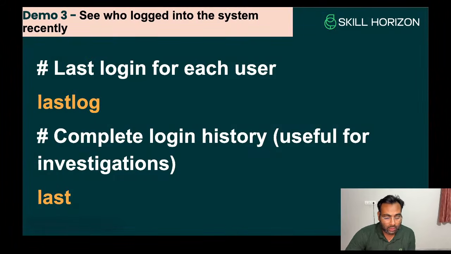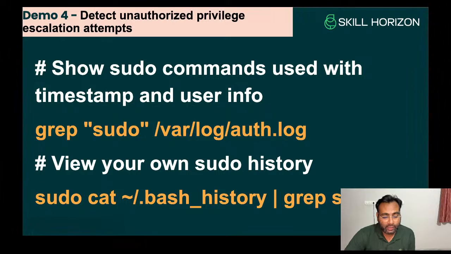Now again, if you want to detect some unauthorized privilege escalation attempts, like someone used the sudo command with a timestamp, or someone used the sudo command to access some of the files in your system, and you want to analyze it, then you want to see the activities related to sudo.